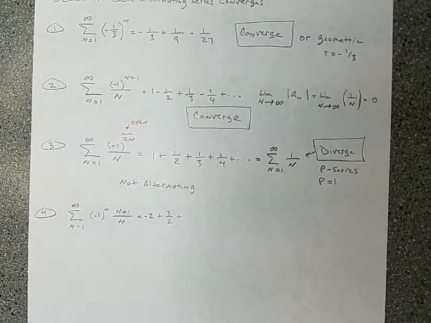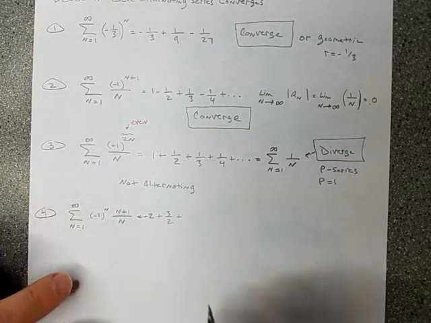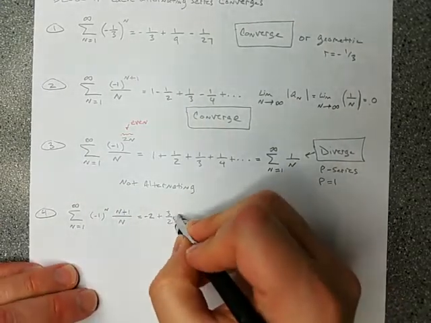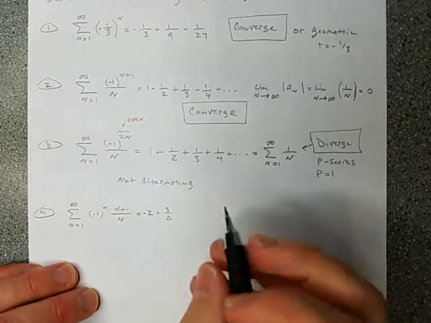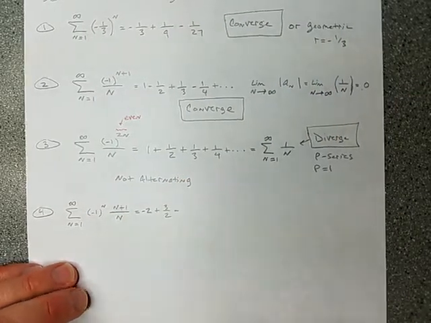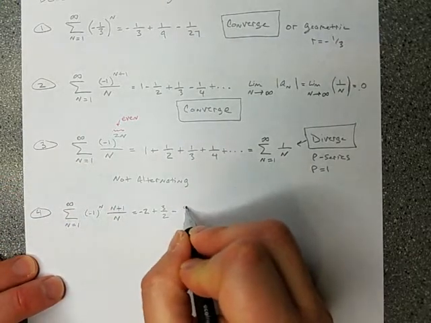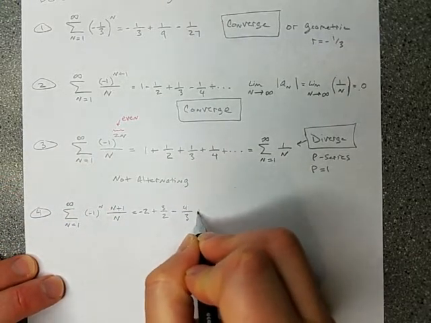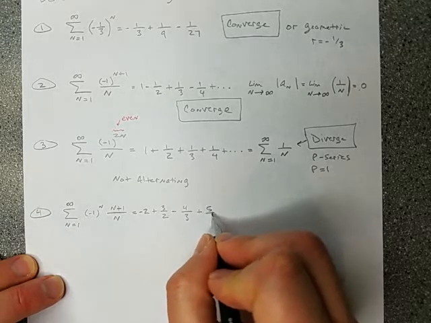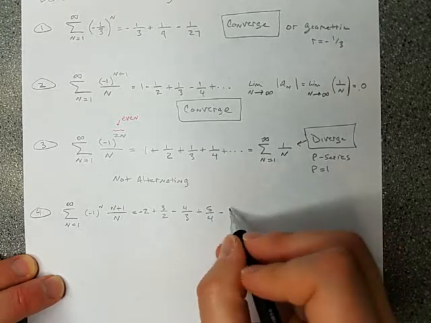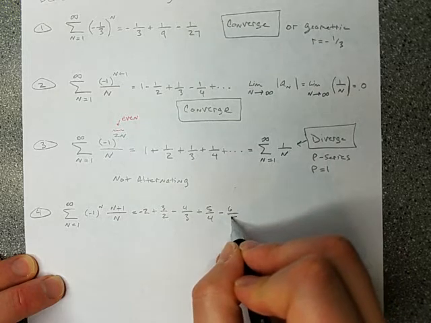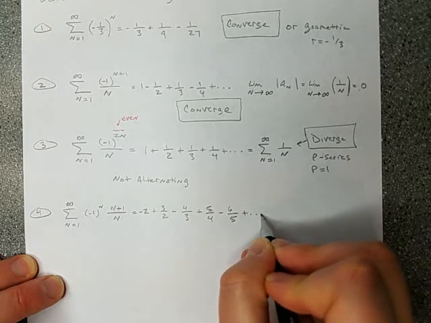And then the third term is going to be negative. And I put 3 in, I'll get 4 over 3. Our next term, 5 over 4. And then the next term, 6 over 5. And it goes on and on and on.